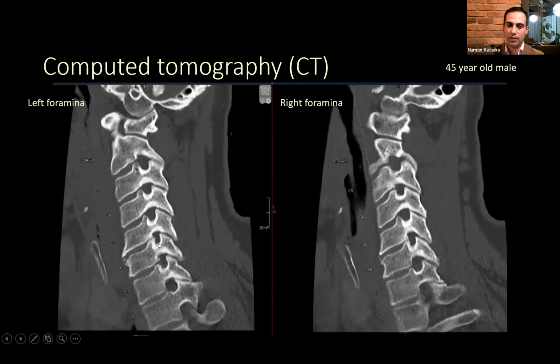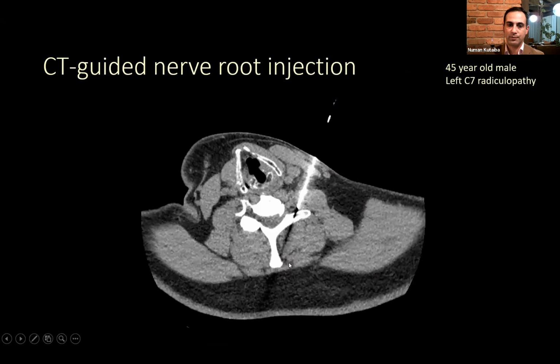That's osseous narrowing. We can't see any disc material here because a CT scan doesn't show the disc material very well. And this patient has symptoms related to these foramina and the narrowing, as opposed to the other side. On the right side, they're more capacious.